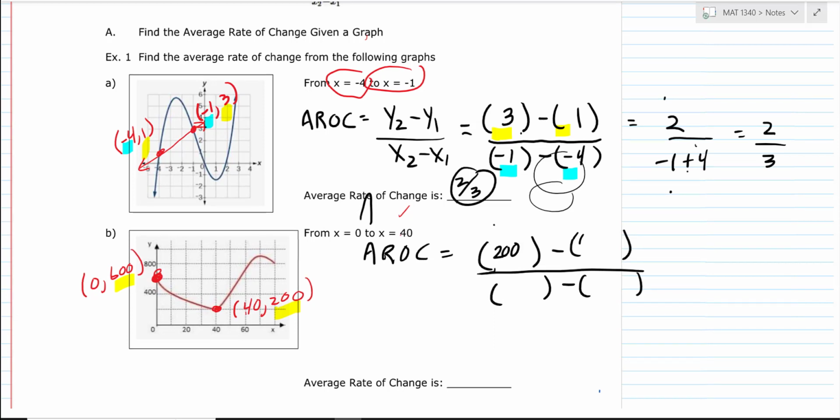I could do it backwards if I wanted to, but that will force me to do the x's in the same order. So that's going to force me to go 40 minus 0. The y's have to be on top, the x's on bottom. Simple arithmetic. So what we get here is negative 400 divided by 40.